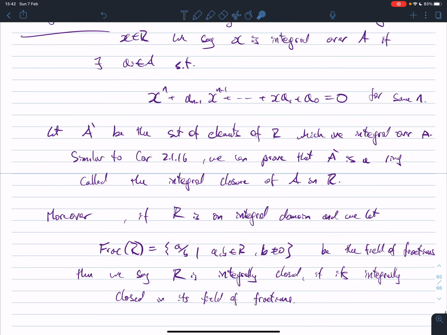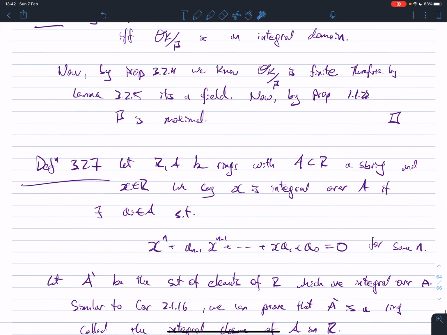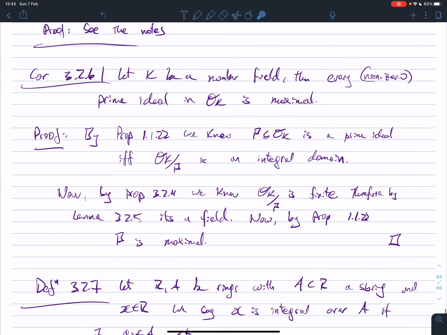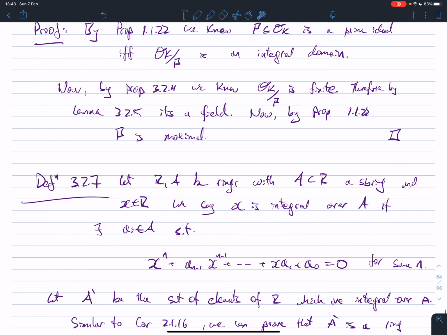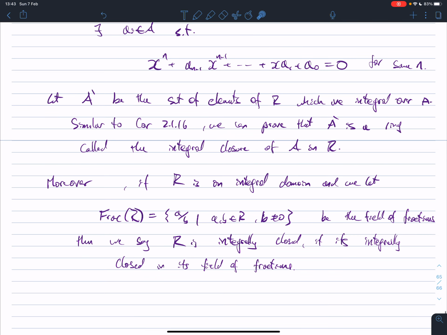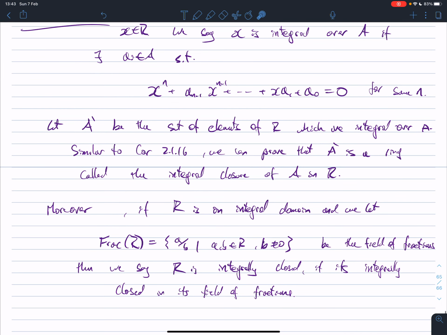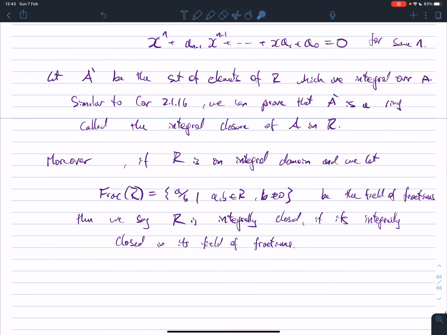So these three conditions, being integrally closed, every prime ideal being maximal, and being Noetherian, define Dedekind rings, which is what we're going to look at next. The results for Dedekind domains will hold for rings of integers, so we're going to study them and their ideals. But I'll finish here for now.